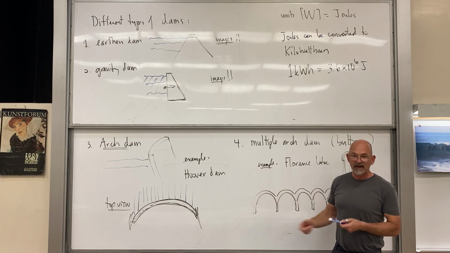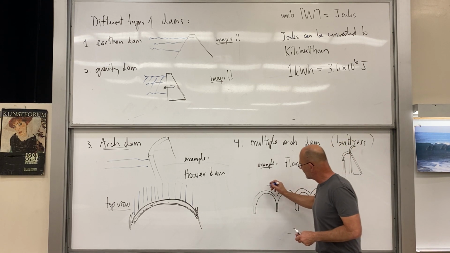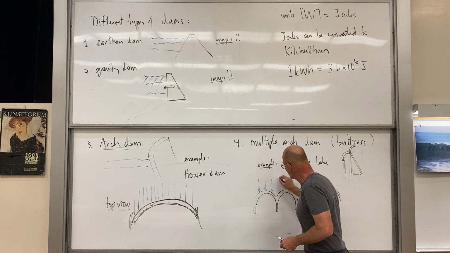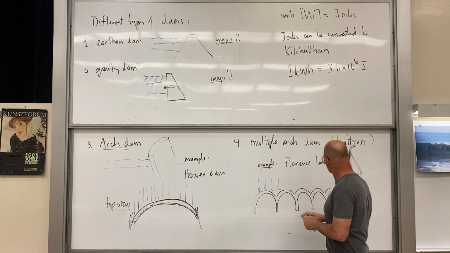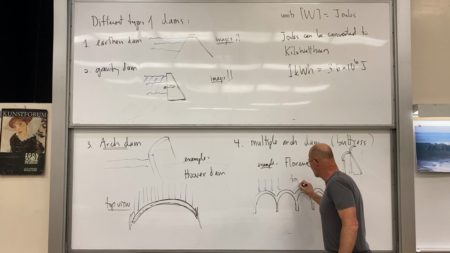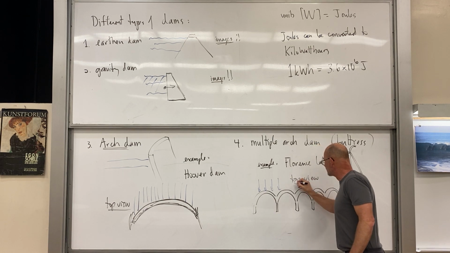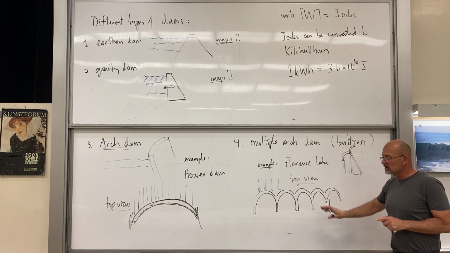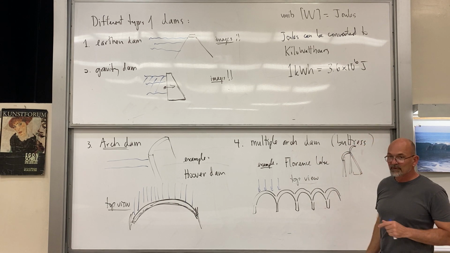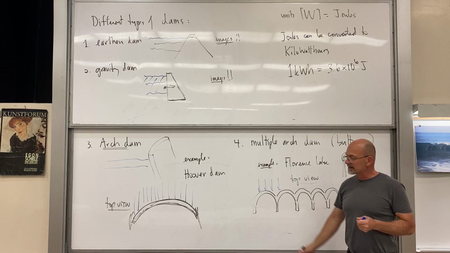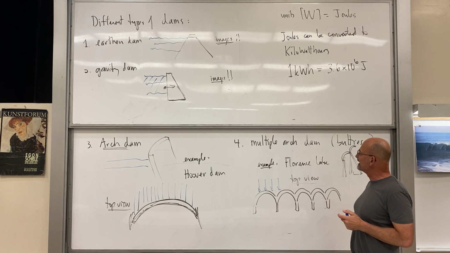Here's the reason I want you guys to get images, okay? Because you'll see, so top view. Yeah, this picture isn't really doing it, but you guys are going to go find some, okay? And in fact, there are some very beautiful multiple arch or buttress dams that I think you'll enjoy seeing. And I think you'll see the principle.